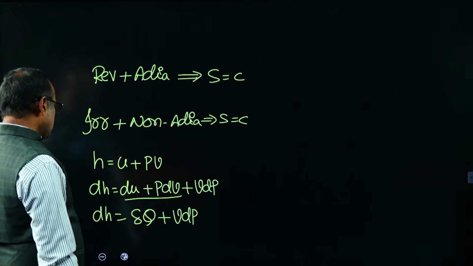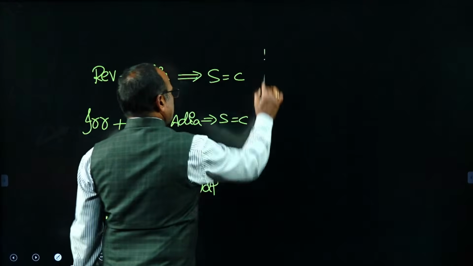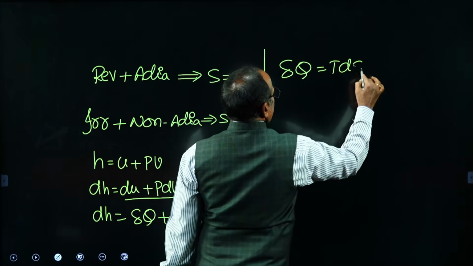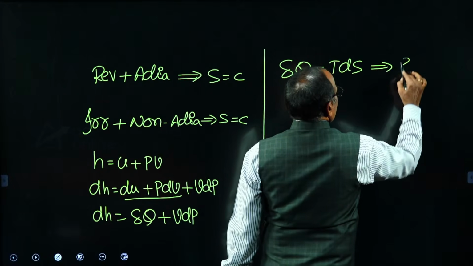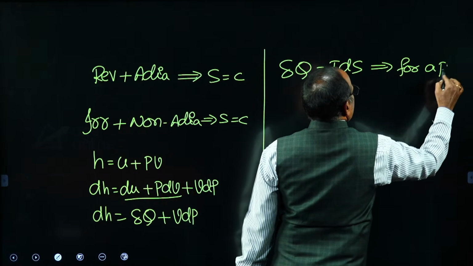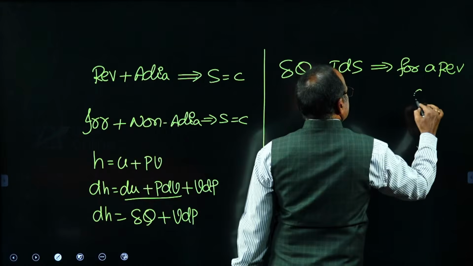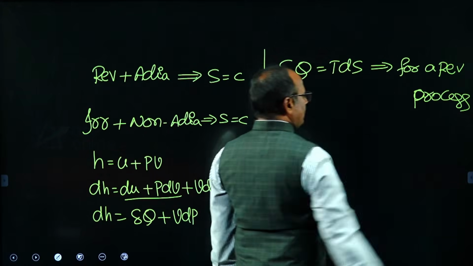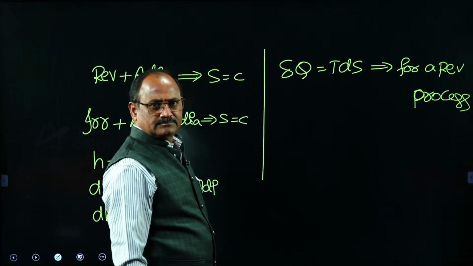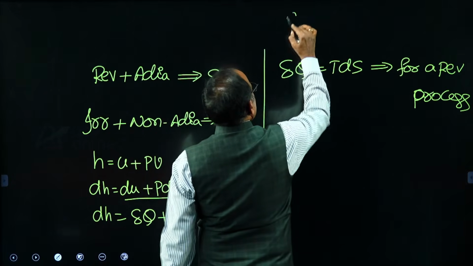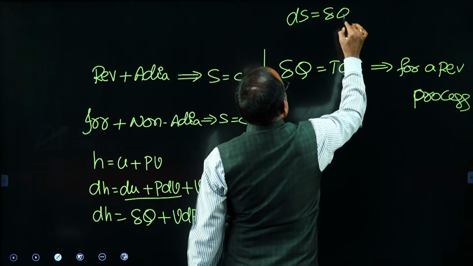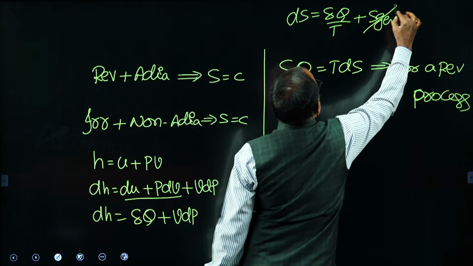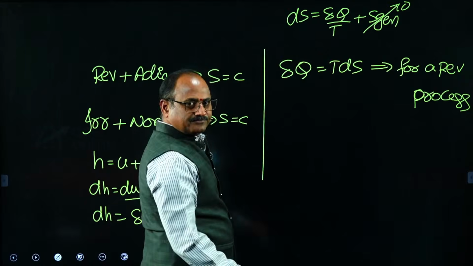For any reversible process, del Q equal to TdS, because for a reversible process entropy generation equals 0. You know ds equal to del Q by T plus entropy generation. For a reversible process, this term becomes 0. Then del Q equal to TdS.